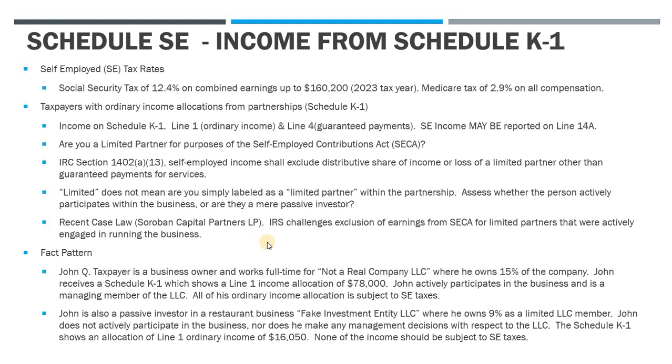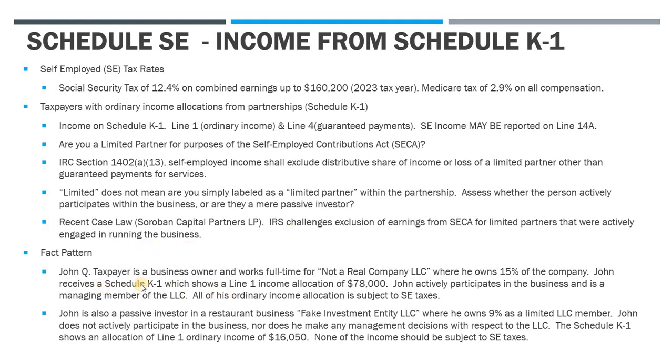And what they tried to do was allocate some of that ordinary income to the limited partners, and they said it was exempt from self-employment because they were state law limited partners, right? And so they're having a lot of trouble winning on that front because the courts are using this substance over form functional analysis test. They're asking, okay, are you really limited, or are you doing something that generates the revenue in this business, and so it should be subject to SECA?